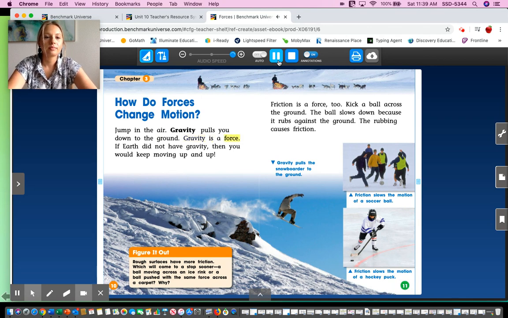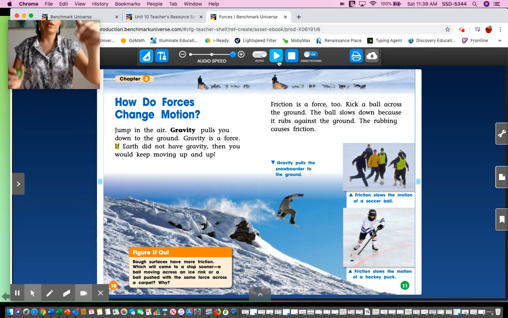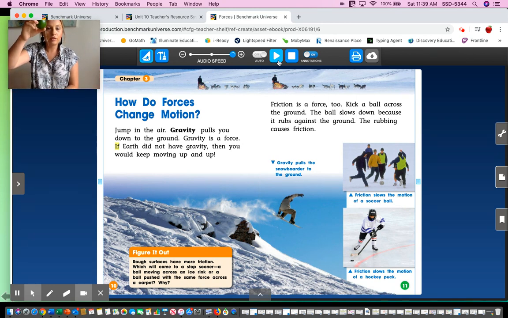Gravity is a force. So that must mean it can push or it can pull. Do you feel gravity? Is it pushing you away or do you think it's pulling you to the ground? Think about it. Gravity keeps your feet on the ground.